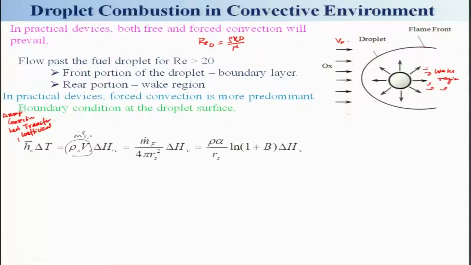That is the mass consumption of the fuel at the surface into the surface area, and we have already seen that this expression is rho alpha L Rs ln 1 plus B C, for combustion, into delta Hb. We are using a quiescent atmosphere and trying to connect to the heat convected due to forced convection. That is what we are trying to do.